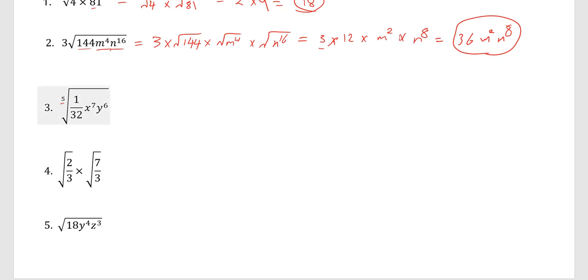The fifth root of 1 over 32 times x to the 7th times y to the 6th. So this is equal to the fifth root of 1 over 32 times the fifth root of x to the 7th times the fifth root of y to the 6th.